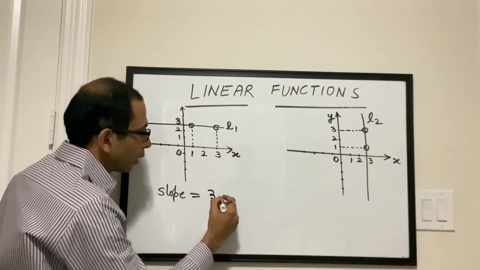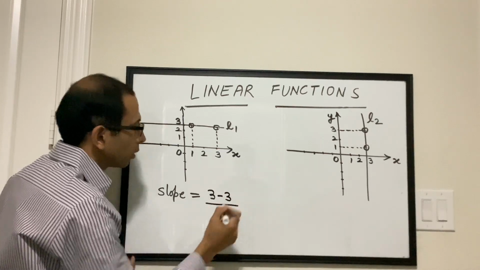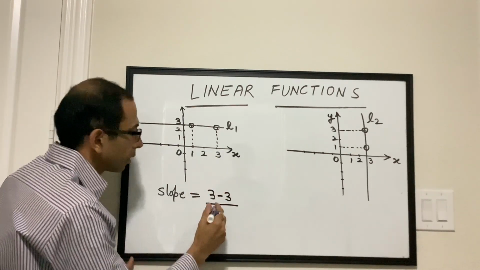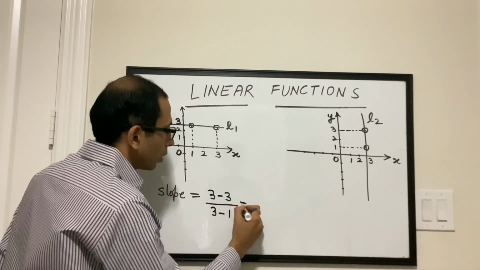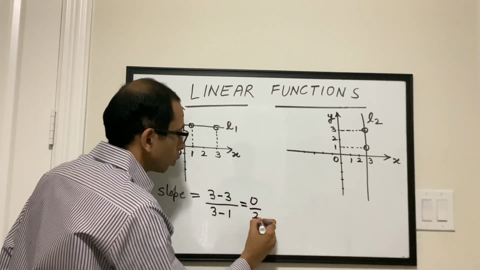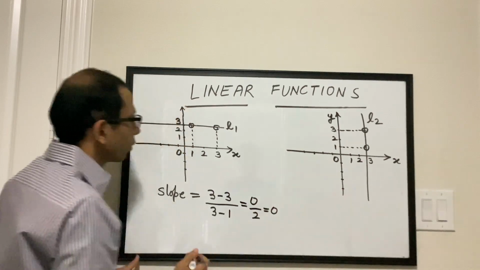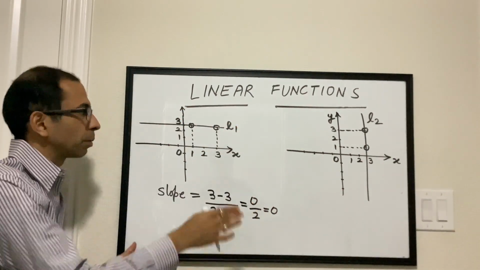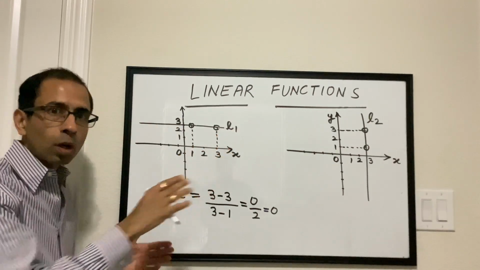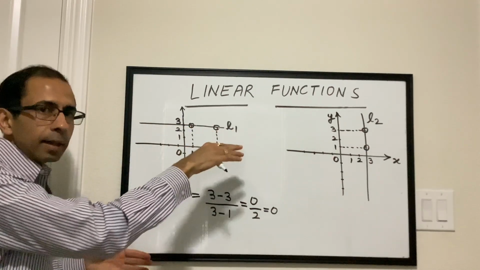So final y value minus initial y value divided by the final x value minus initial x value. So this will be 0 over 2, which is equal to 0. So we see that the slope of a horizontal line is 0, which makes sense because y is not changing at all with respect to x. It's like a flat line.